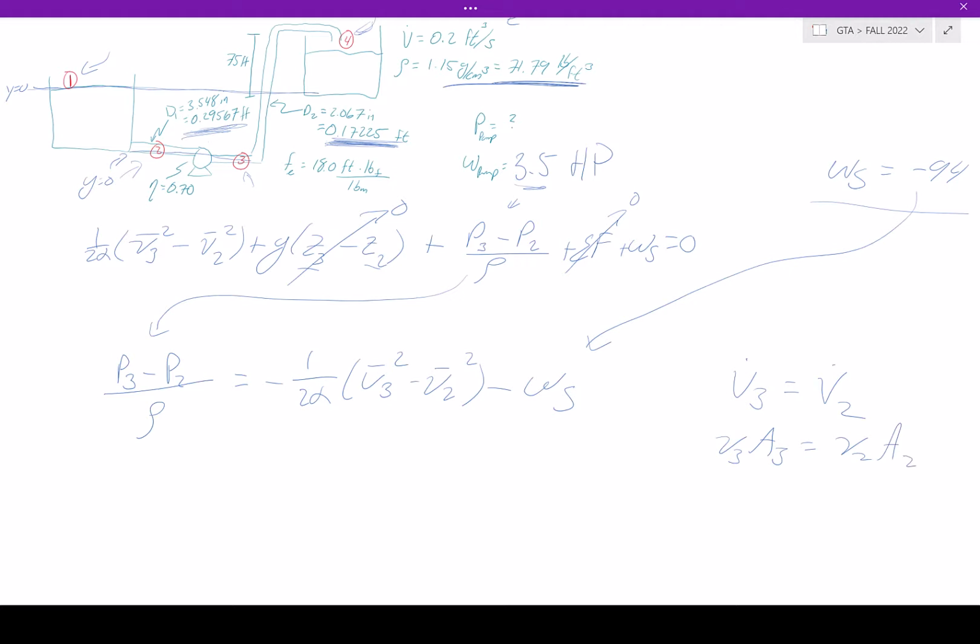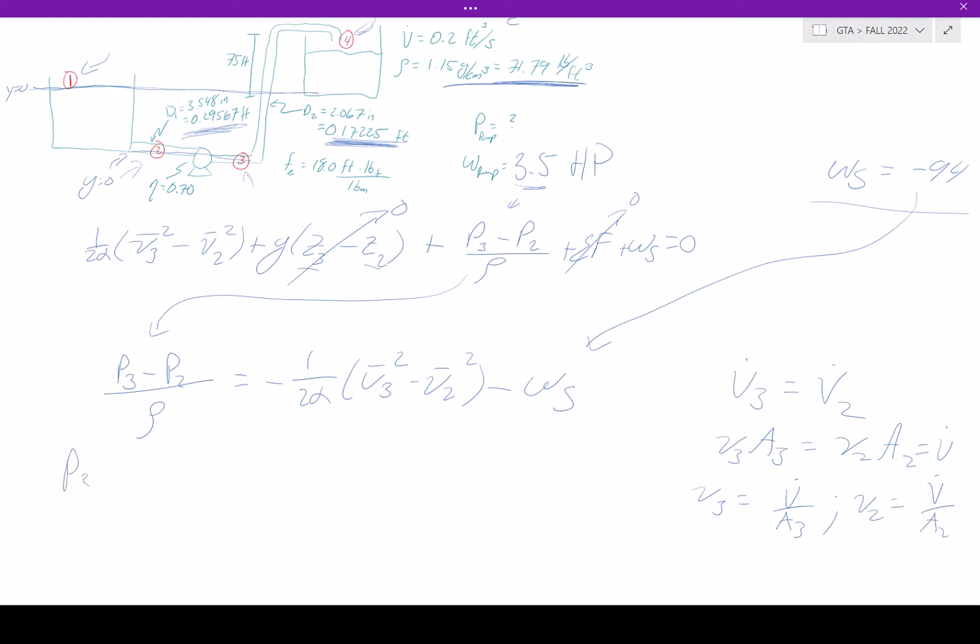And we can just individually, for each one, say both of these are equal to the volumetric flow rate, which is given. So we can say V3 is equal to volumetric flow rate over area 3. And we can say V2 is equal to that same volumetric flow rate over this new change in area.